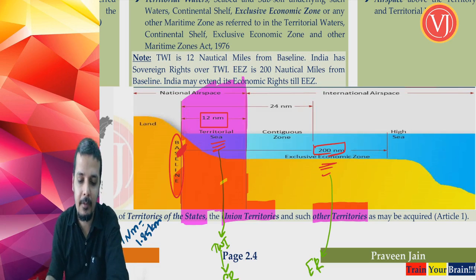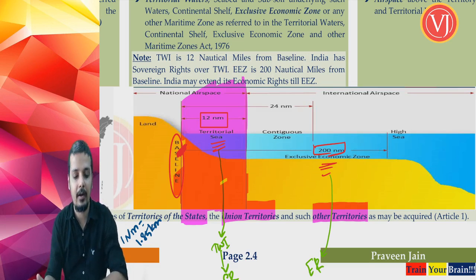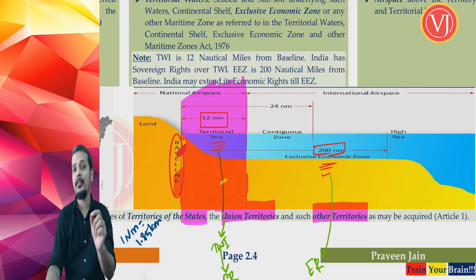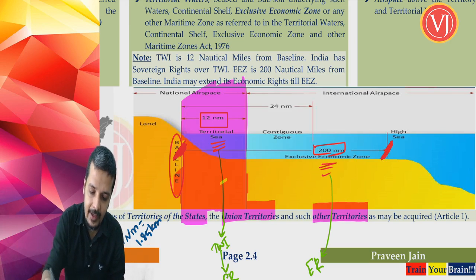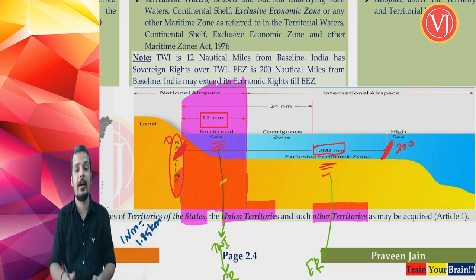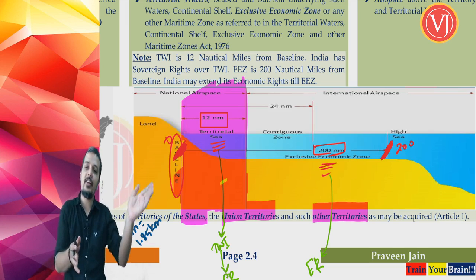But if I am talking about after 12 nautical miles, within 200 nautical miles, remember, my friends, this 200 nautical miles also starts from the baseline. The calculation is always from the baseline, 0 to 200, so that you don't forget. Don't try to calculate 200 nautical miles from 12. It always starts from 0.